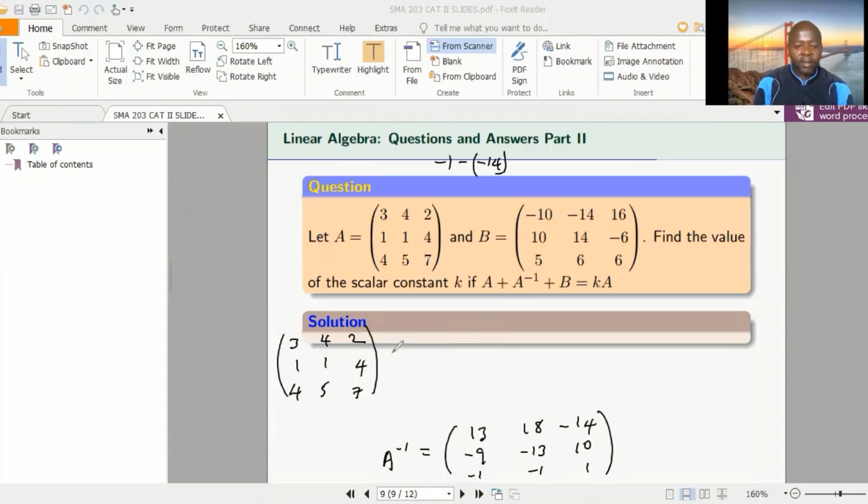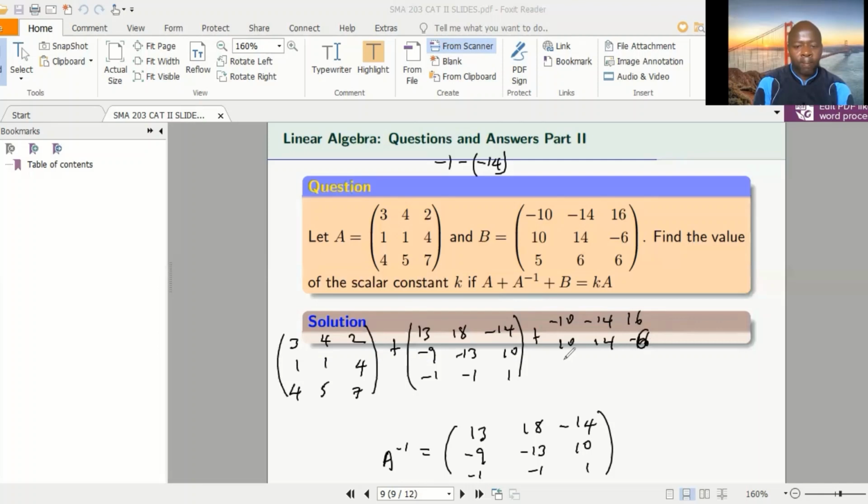A inverse is 13, 18, negative 14, negative 9, negative 13, 10, negative 1, negative 1, 1. And B is negative 10, negative 14, 16, 10, 14, negative 16, negative 6.